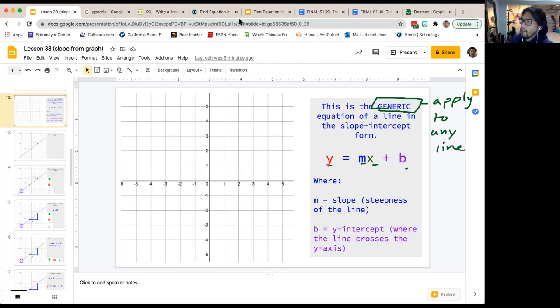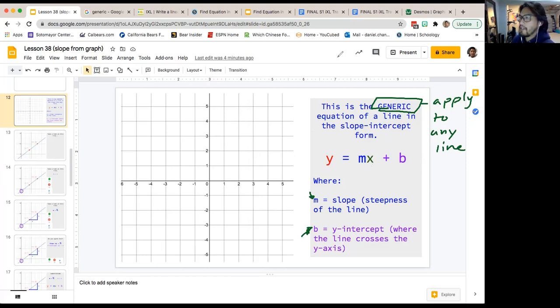So now that you see the generic form, the generic equation of a line, y equals mx plus b, what you need to know is that if you know the slope of a line and where it crosses the y-axis, you know where its y-intercept is, then you go from generic to specific.